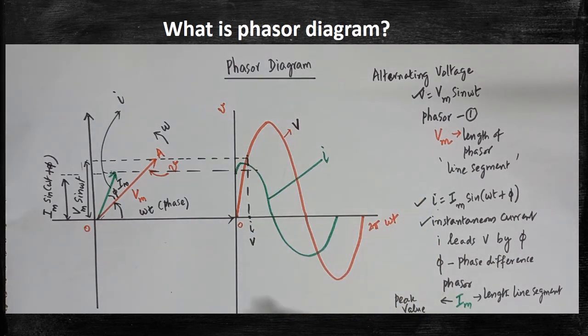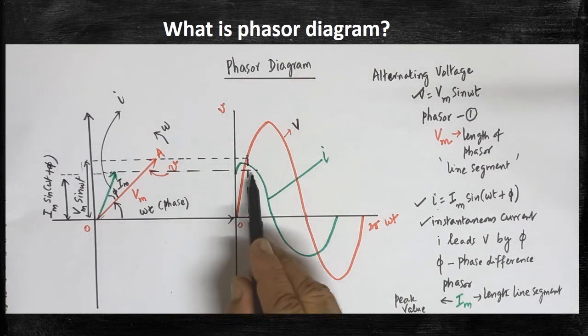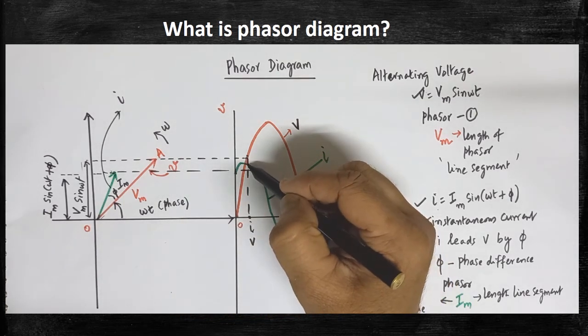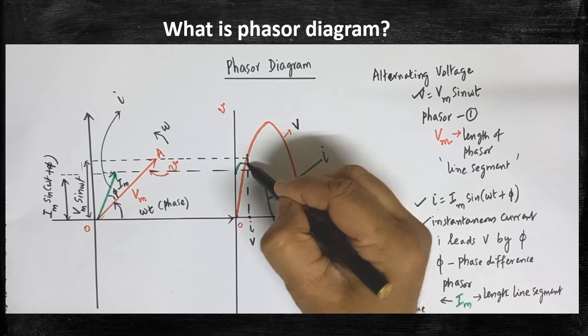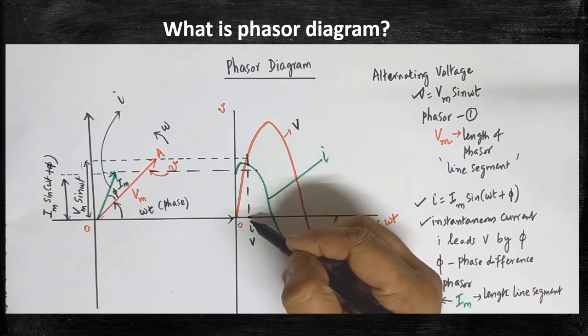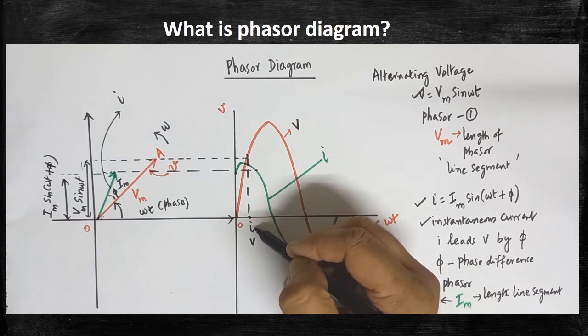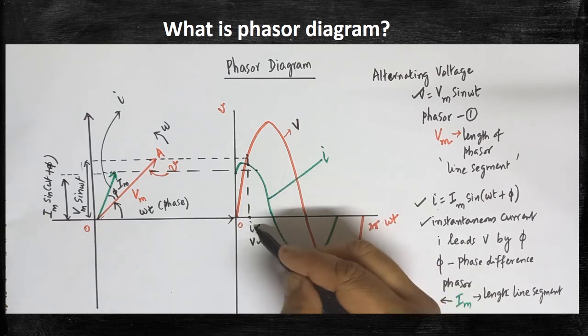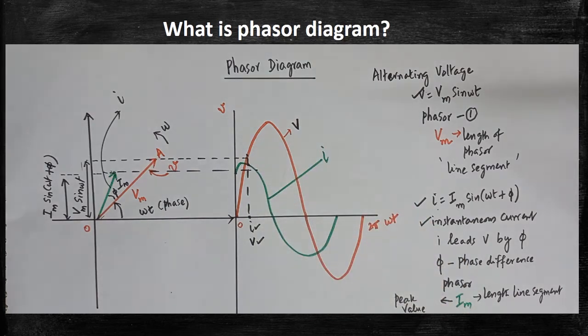So two lines are drawn from here, both are cutting at the same point. From these two points, that is to be extended, and you will get the instantaneous current and instantaneous voltage at this particular instant.